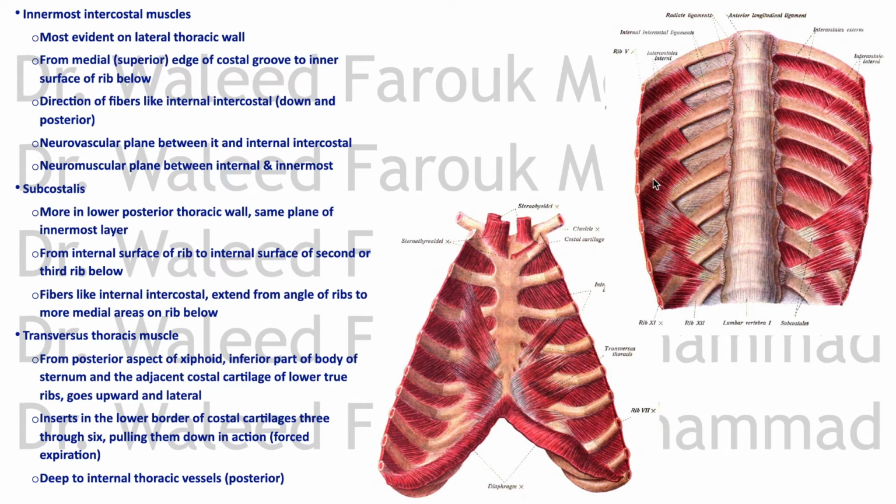And please keep in mind that the neurovascular plane, the plane through which the intercostal vessels and nerves pass, is between the inner two muscles, meaning between the internal intercostal and innermost intercostal.